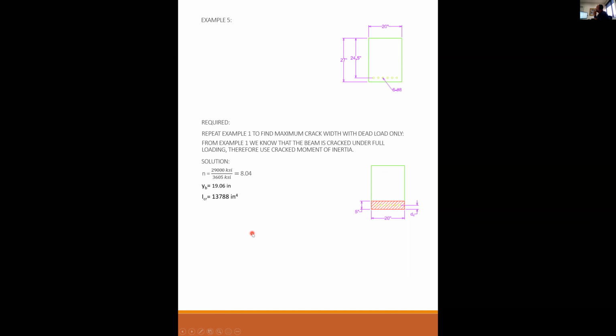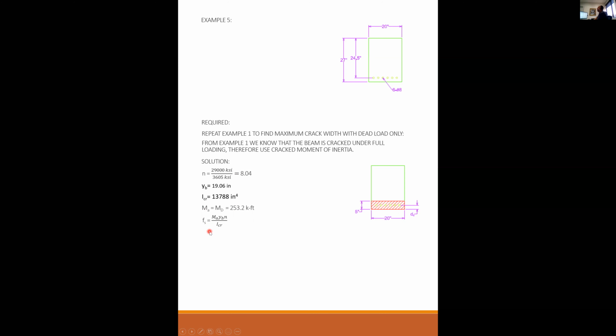The cracked moment of inertia is 13,788. We got that last time. And MA in this case is going to be the dead load because the problem stated find the maximum crack width with dead load only, which was 253.2 kip feet. All right, so now this is all from example 1.